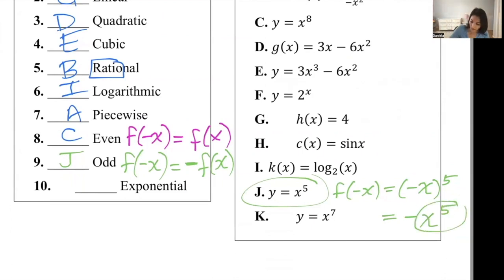And then remember that x to the 5th is f of x. So I just drop down the negative, and I can make that substitution, right? So notice, yes, we have just proved that it's an odd function. And number 10 is super nice and easy. That is going to be letter F. Exponential function is where the x is in the exponent.